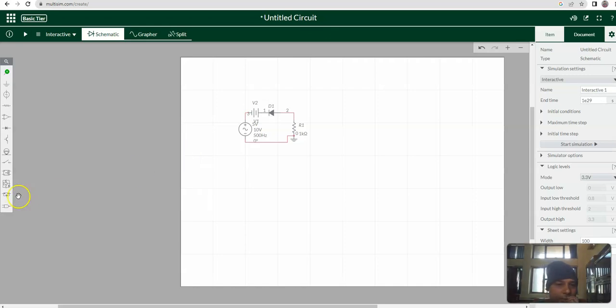So it is connected now, and it is 10 volt and it is 5 volt. Okay, now we can run it.